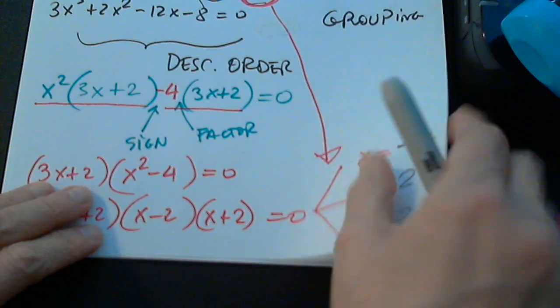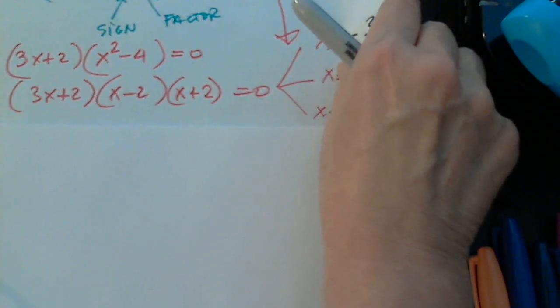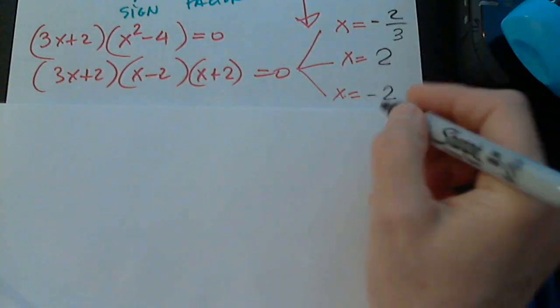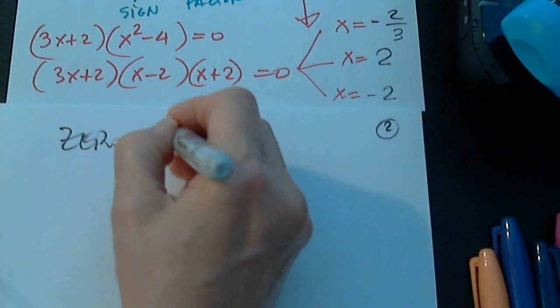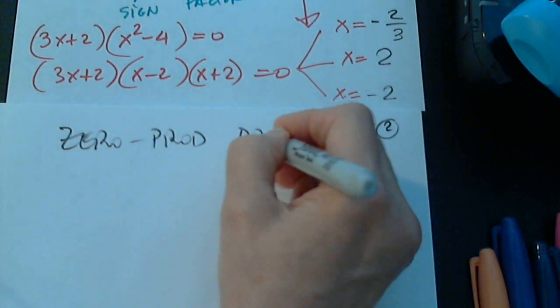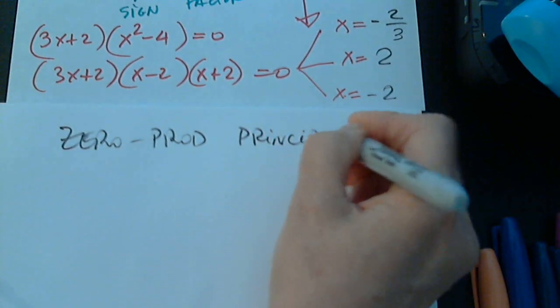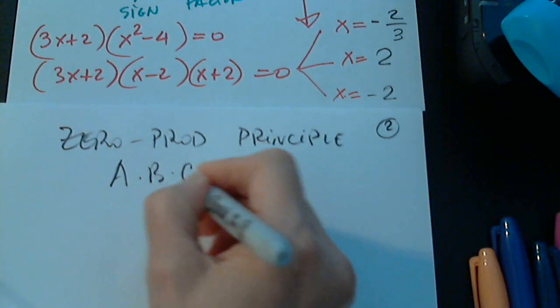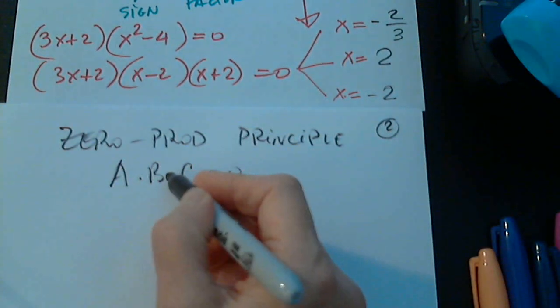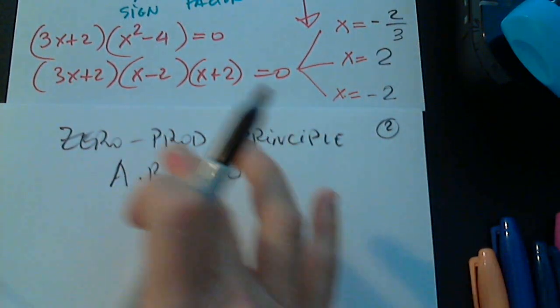So this is the zero product principle. We have 1, 2, 3 factors in this case. Factors because they are multiplied.